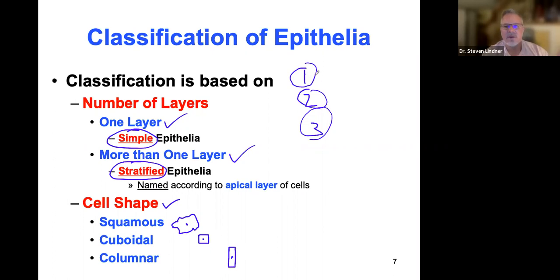Okay, so are the cells closely packed together? If it is, it's epithelium. If it's one cell layer, we use the word simple. If it's more than one cell layer, we call it stratified. Then we have to look at the shape of the cell: flat and irregular, squamous; square-like, cuboidal; and column-shaped, columnar.